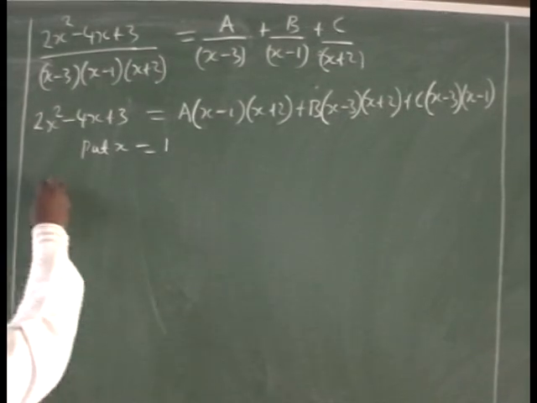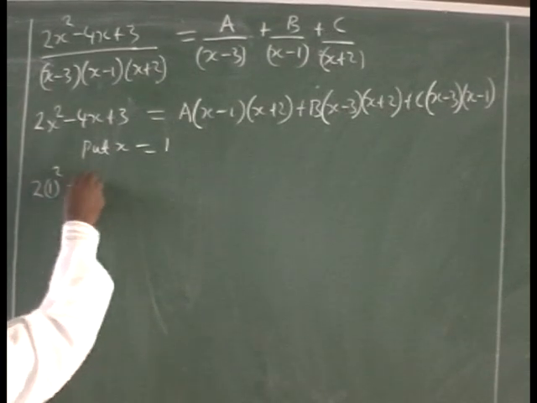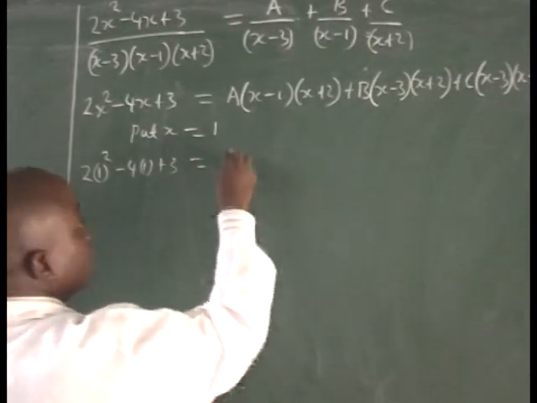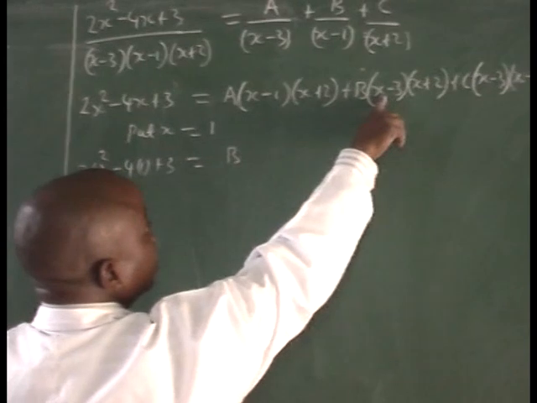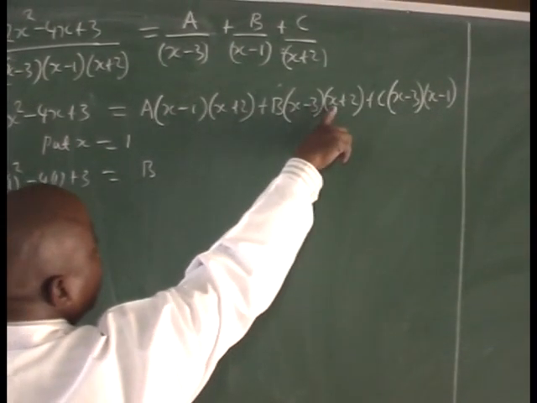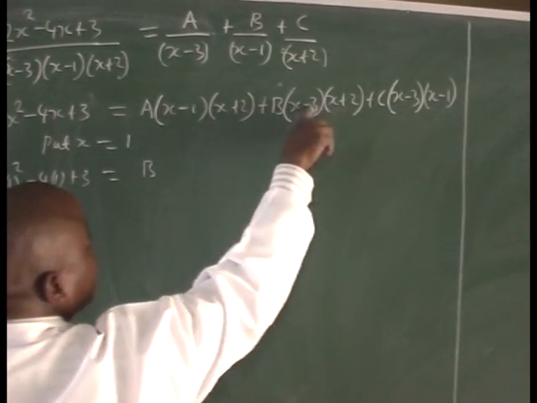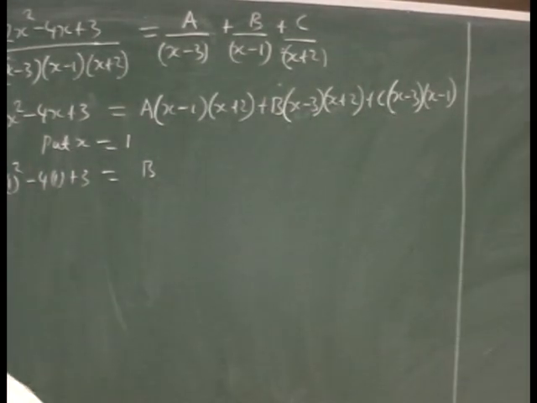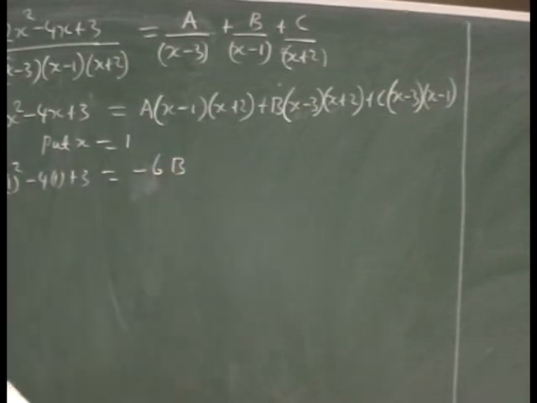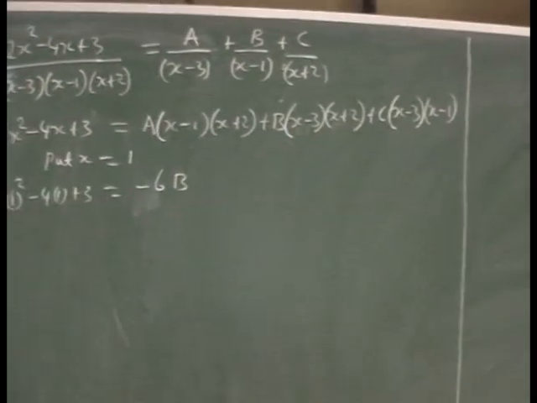So if I do that, I will have 2 of 1 squared minus 4 times 1 plus 3 equal to B, we'll put 1 here. So 1 minus 3 gives me minus 2. And I put 1 again here, it will give me 3. So minus 2 times 3 gives me minus 6. So I have minus 6B.